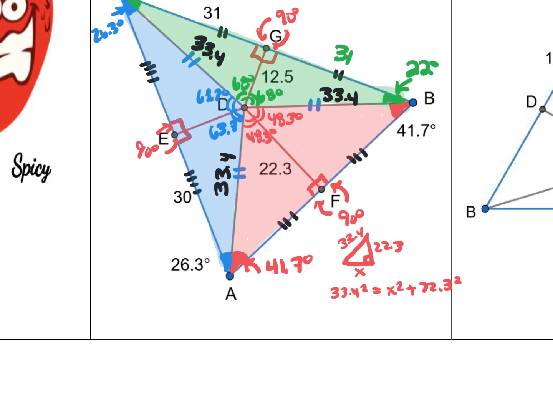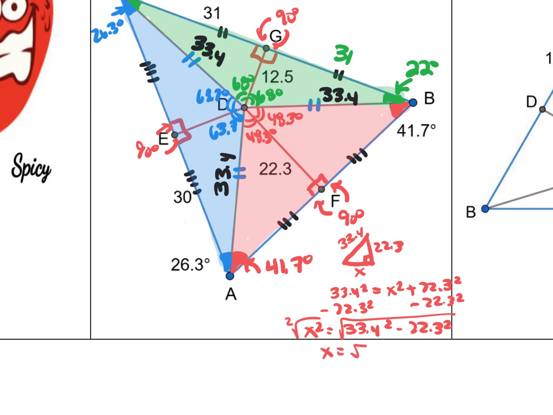So I'm going to subtract 22.3 squared. So I'm going to have minus 22.3 squared. So I'm going to rewrite this. So I've got x squared is equal to 33.4 squared minus 22.3 squared. And again, I got to take the square root to get rid of that exponent, because remember, those two cancel each other out.